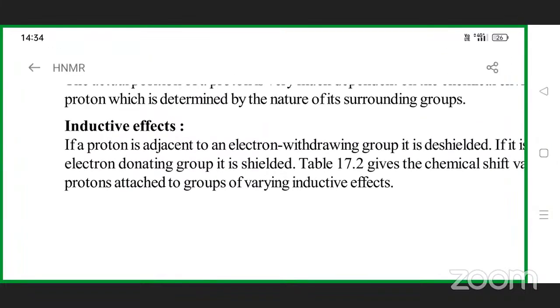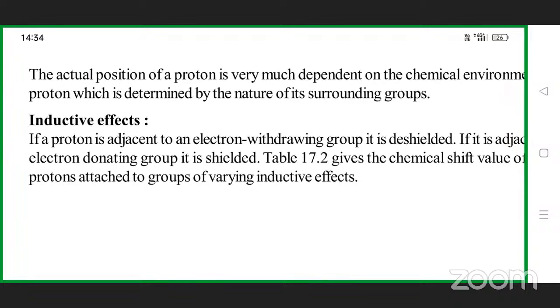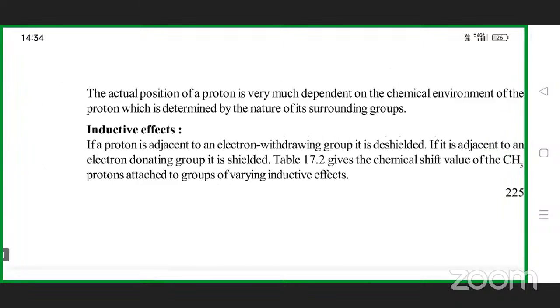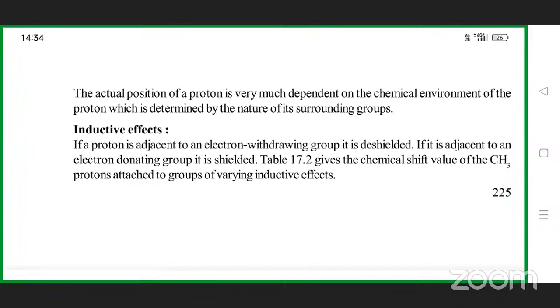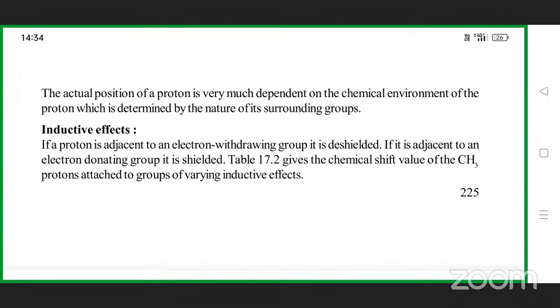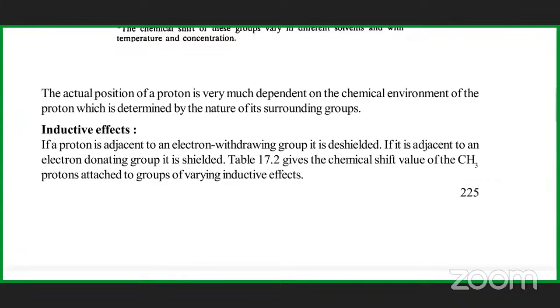Now the factors affecting the chemical shift values, and this is also very, very important. First we'll see the inductive effect, and you know generally what the inductive effect is. When a carbon is attached to a more electronegative atom, the bond electrons are attracted towards the more electronegative atom here.